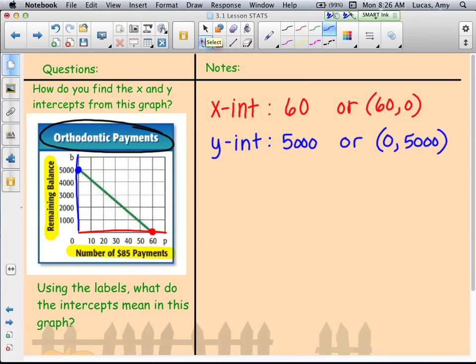Using the labels, what do the intercepts mean? Well, if I look at the label on the x-axis, the number of $85 payments, and it's at 60, so I would say orthodontic payments.